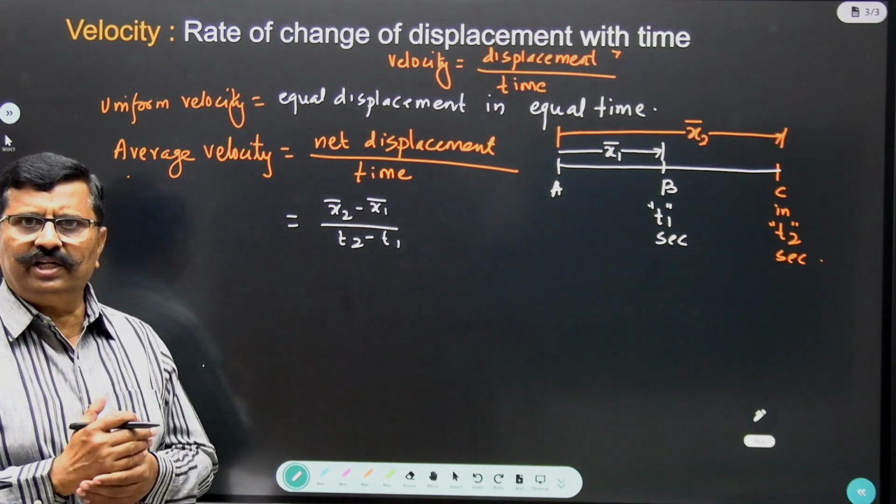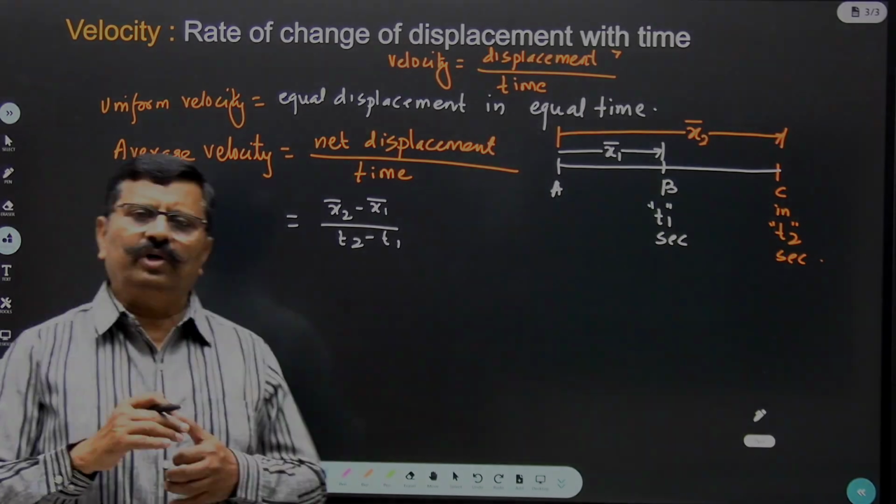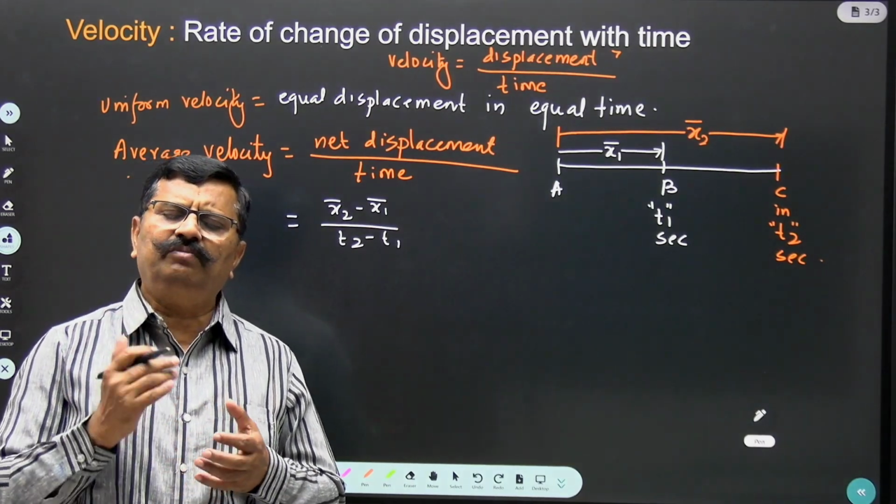Then what is the instantaneous velocity? As I told you earlier for instantaneous speed, the same thing is true for instantaneous velocity also.